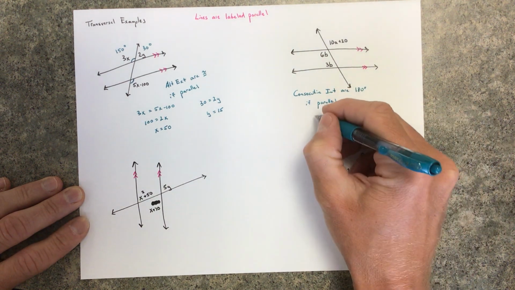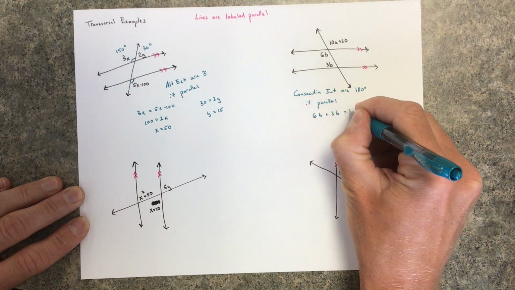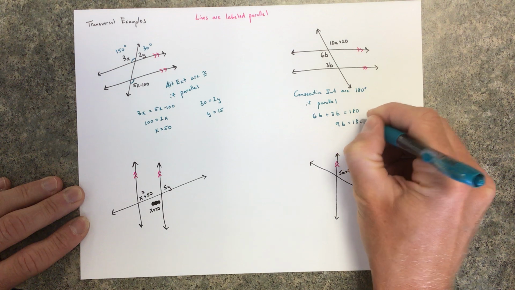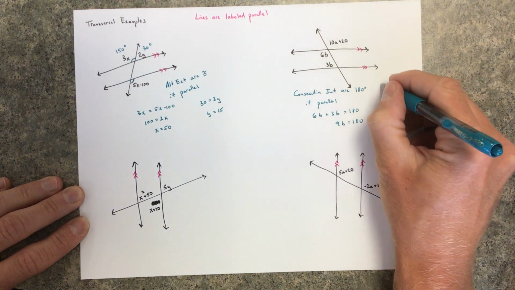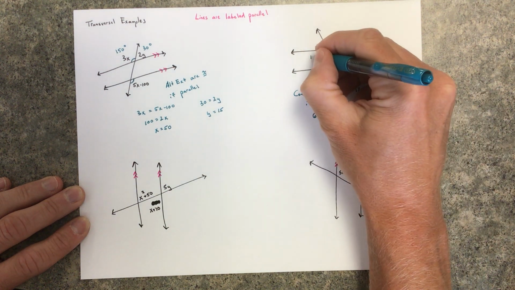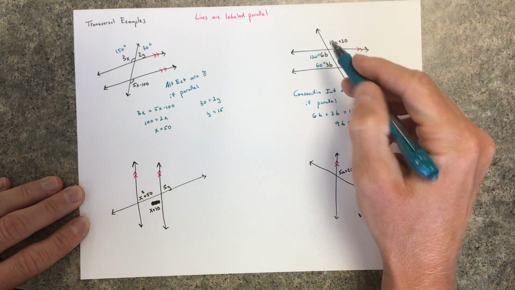And I know the lines are parallel. So I know that 6b plus 3b equals 180. So that's 9b equals 180. So b equals 20. So if b is 20, that means that angle is 120 degrees, and this angle is 60 degrees.